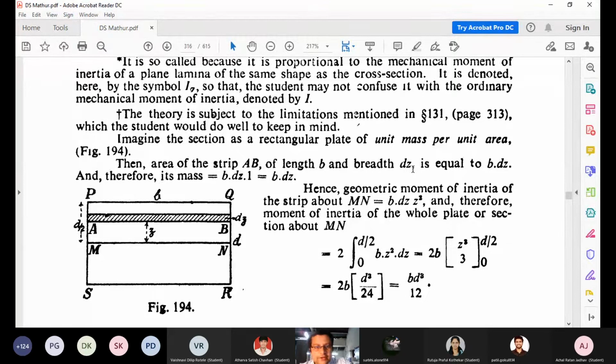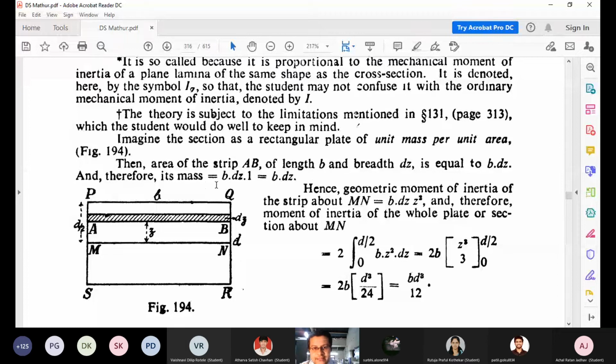So what will be its area? You just multiply breadth with its length, and you will get the area. Therefore, what is its mass? Here I am talking about the rectangular plate which has a unit mass per unit area.